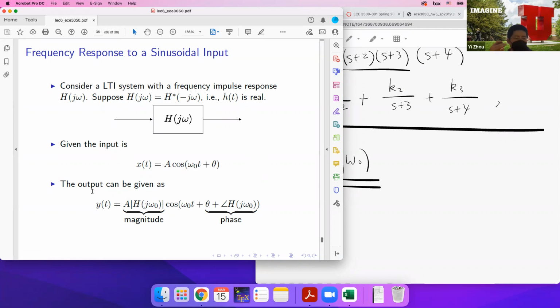But after many lines of derivations, you can end up with this very intuitive explanation. And the reason that we care about the response to standard sinusoidal signals is that many signals can be decomposed into sinusoids.